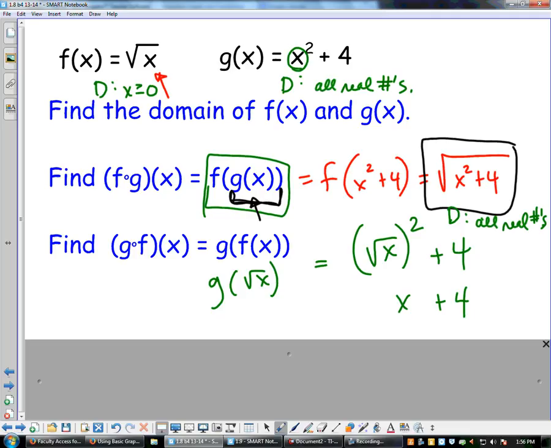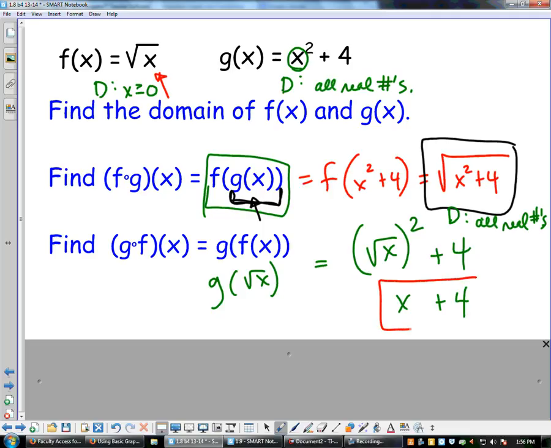However, the domain we need to talk about, remember, the domain for g of f of x is going to be the same as the domain for f of x, and possibly with some additional restrictions. All right, so what's the domain for f of x? X is greater than or equal to 0.